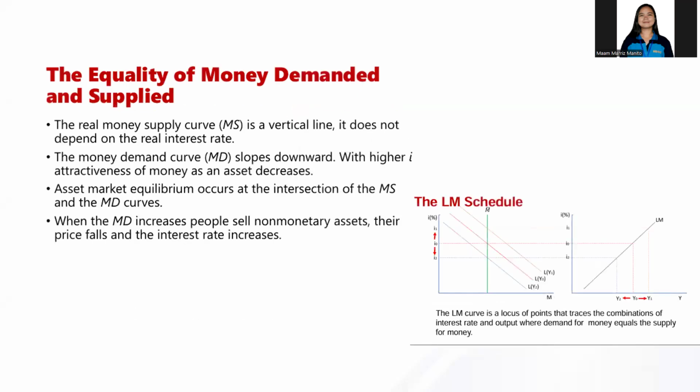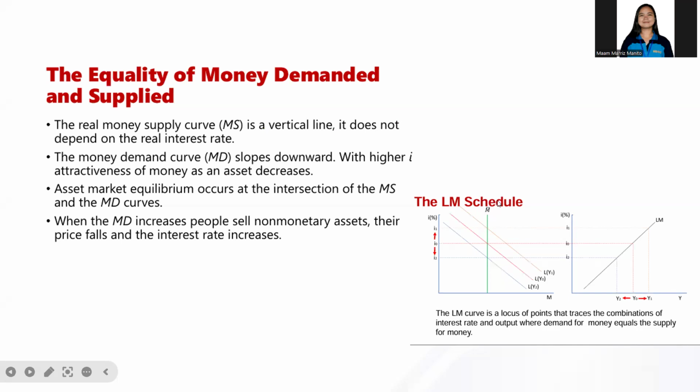Now, I mentioned earlier that money demanded must be equal to money supplied. Okay, if you look at the graph here on the side, you can see that the money supply, this one M hat, is vertical lang. It does not depend on anything or any factors. It's because the number of money in circulation in an economy is fixed.